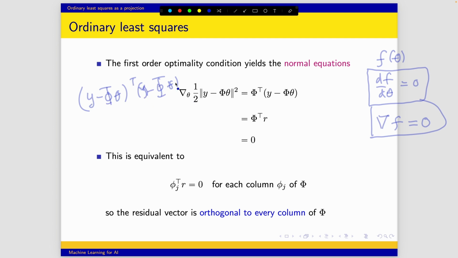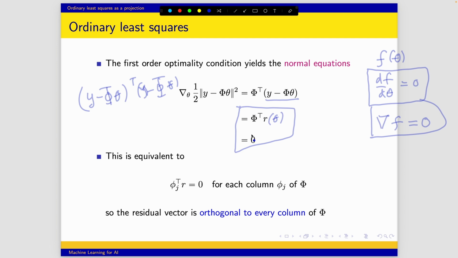We're going to be left with this times phi transpose, which is what we have here. And what is this? This is our vector of residuals, r theta. So we end up with, so these are what we call the normal equations. This equals the 0 vector. And we can write this, using our definition of the residual vector, as phi transpose r equals 0.